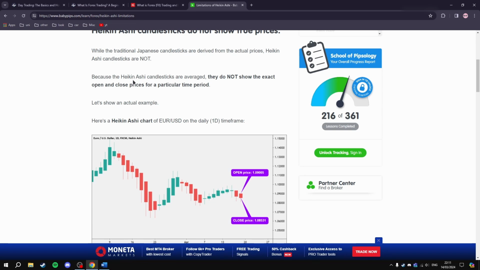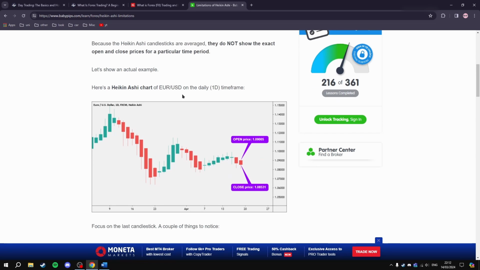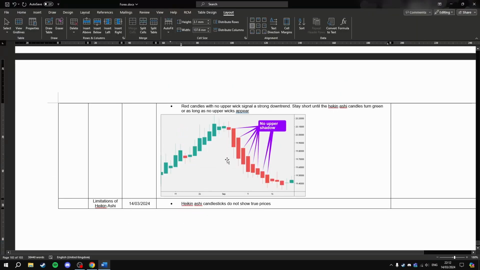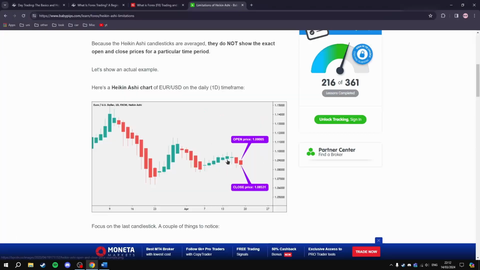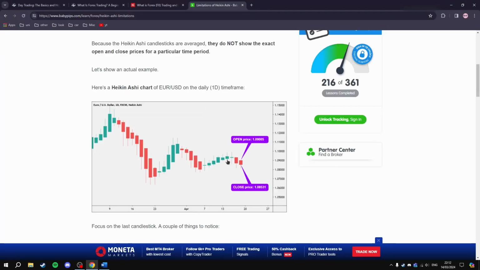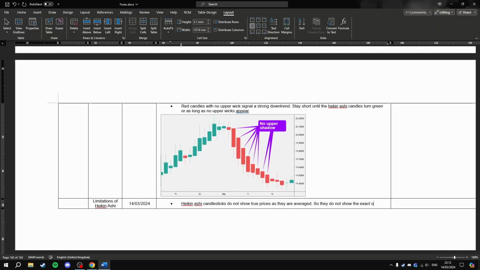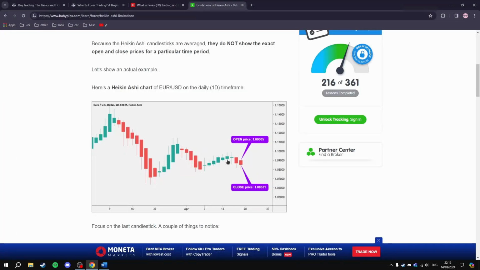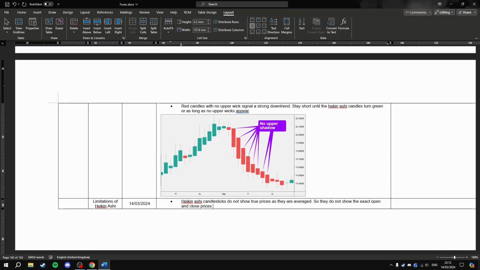Because the Heikin ashi candlesticks are averaged, they do not show the exact open and close price for a particular time period.